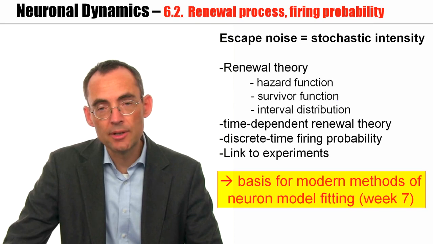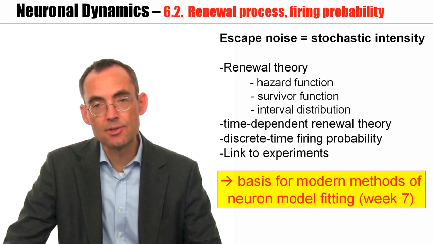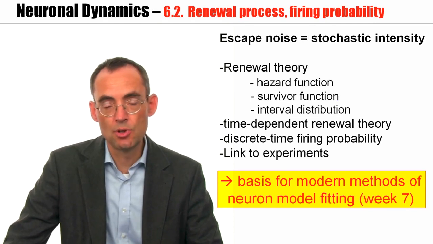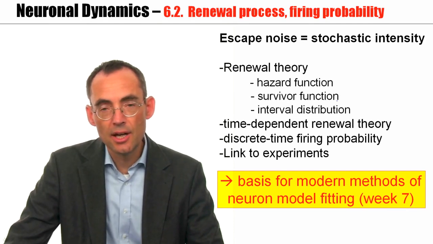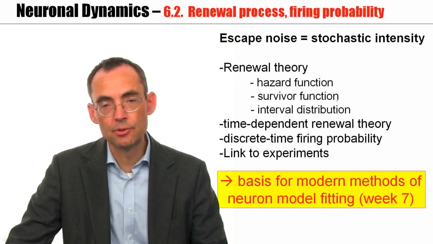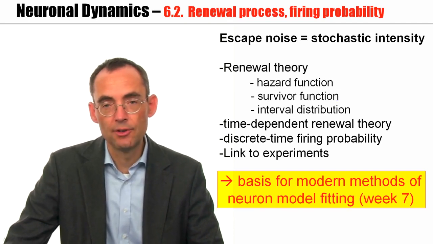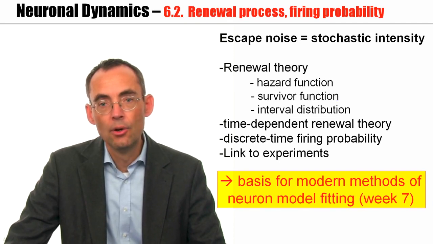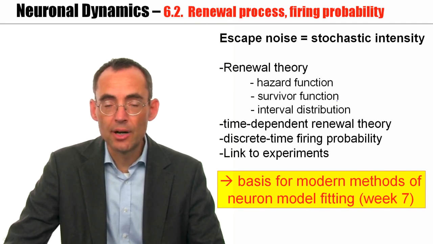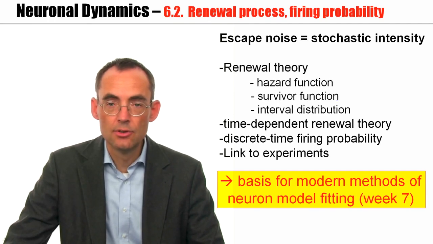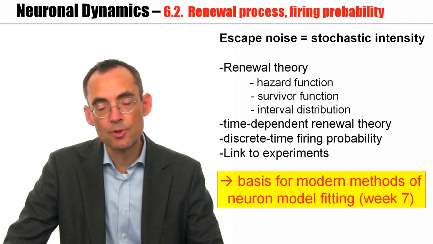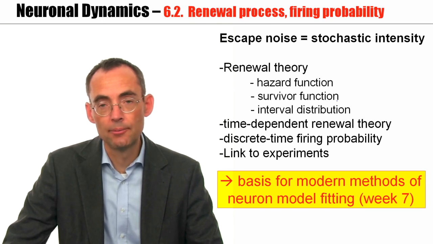Moreover, the formalism of stochastic point processes allows us to calculate things like interval distributions. In the case of a constant external input and the integrate-and-fire model with resets at each moment of firing, we are in the framework of standard stationary renewal theory. In this case, the escape rate corresponds to the hazard of the renewal model.